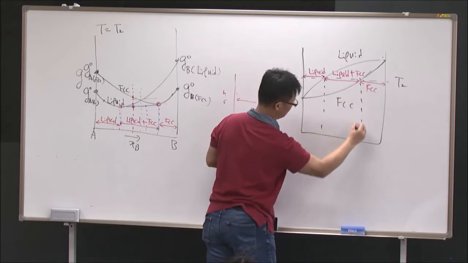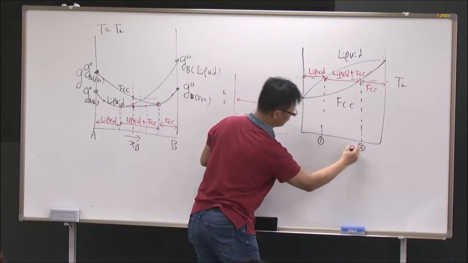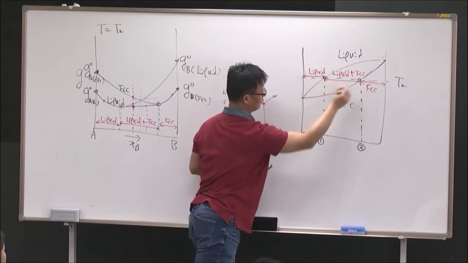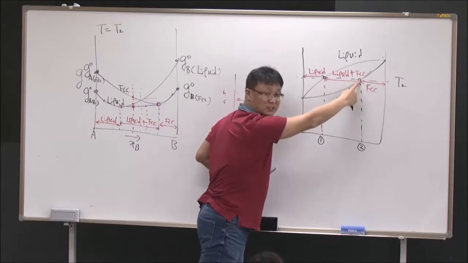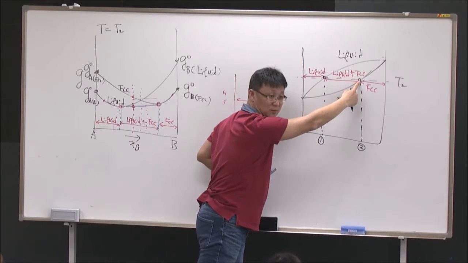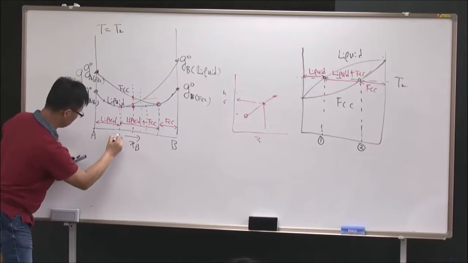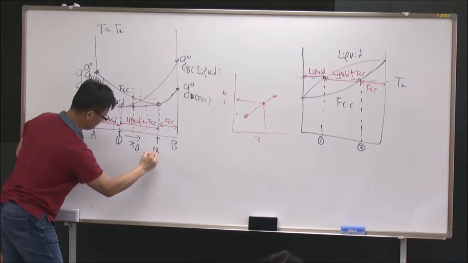So these two compositions here: this composition 1, this composition 2, at this point and this point. It means the end of the single liquid phase region or the end of the single FCC phase region. This one corresponds exactly to this point 1, and this one exactly to point 2.